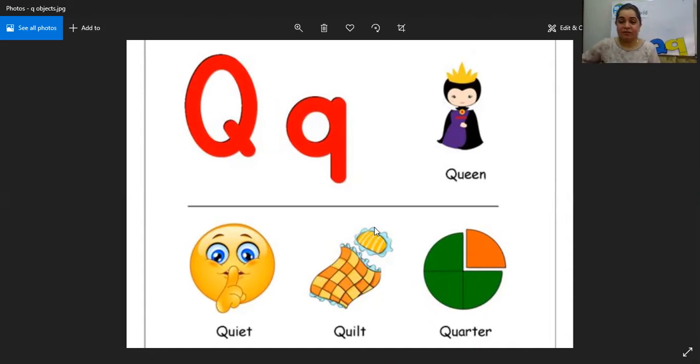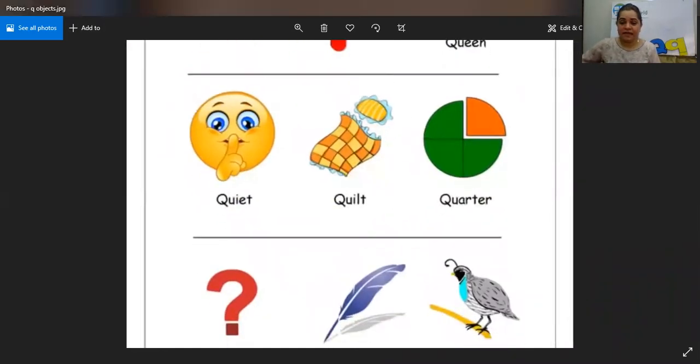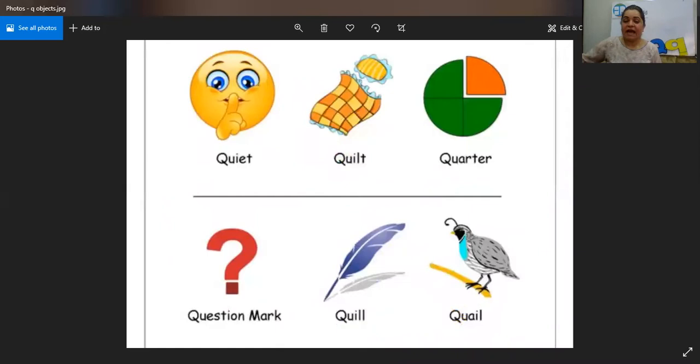Then there are more that say K: quiet, quilt, quarter, question mark, quill, and quail. So quail is a bird. It is not very common, but we can find that in Pakistan. And the quill is like a feather. We call it quill as well.